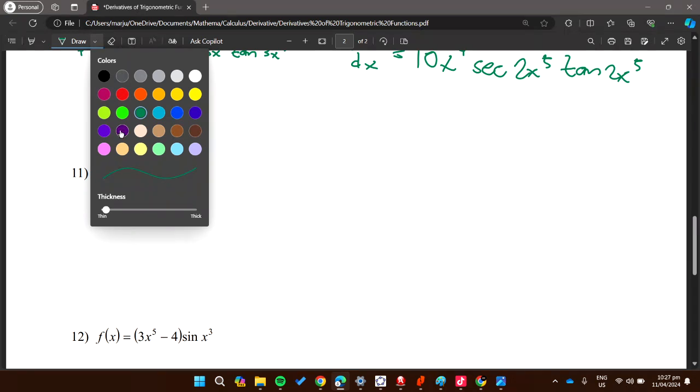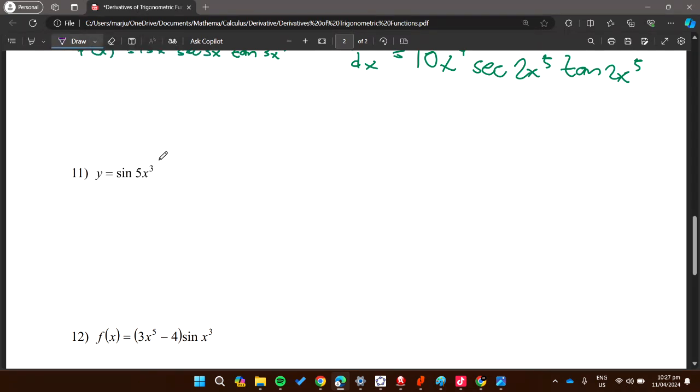Try to check though if we have the same answer. Derivative of 5x cubed, that is just 15x squared. So, we have 15x squared. So, again, this is dy dx equals. And then, derivative of sine, that is just cos. So, cos 5x cubed.